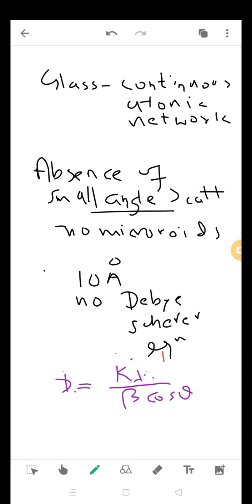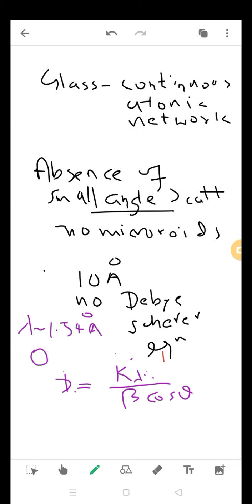Lambda is the wavelength of the X-ray, which is usually of the order of 1.54 angstrom if you're using a copper X-ray. K is called the shape factor. Now, for calculations, we usually assume that the structure is spherical in shape. That might not be the case, as crystallites might be of different shapes.